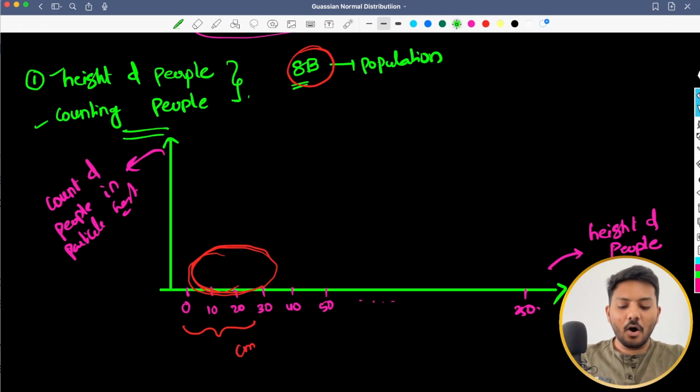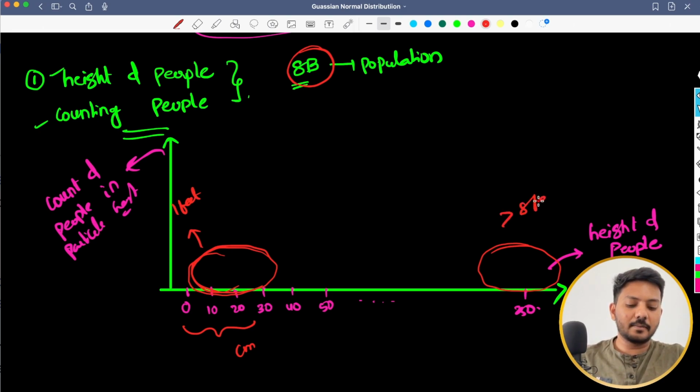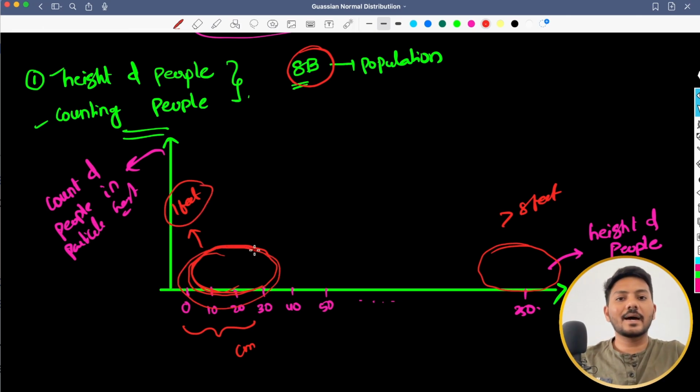And there are very less number of people who are very tall. So let's say these are under 1 feet and these are more than 8 feet. There are very less number of people who fall into this category in which they are less than 1 feet of height, and there are very less number of people who fall under the category in which they are larger than 8 feet of height.